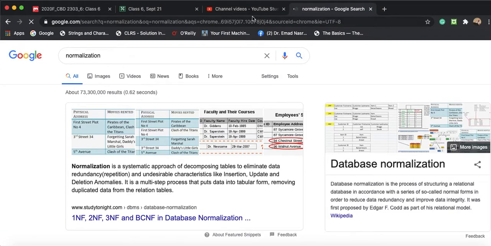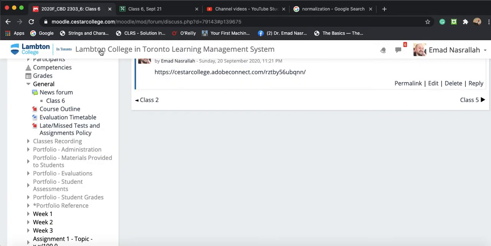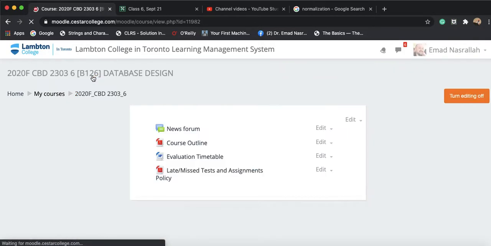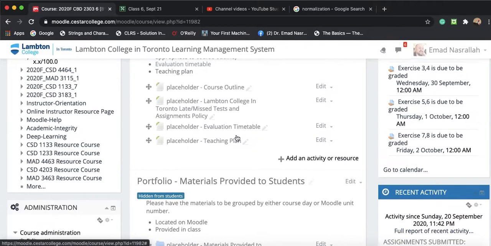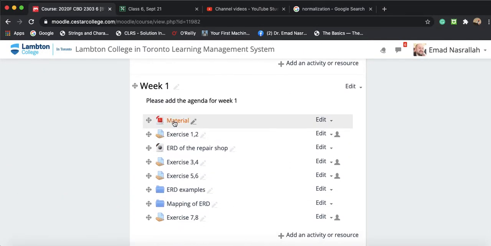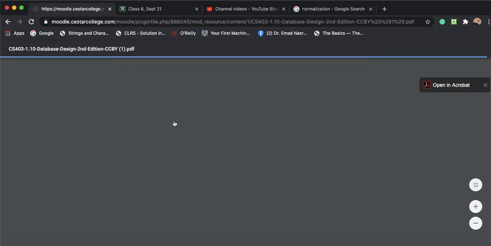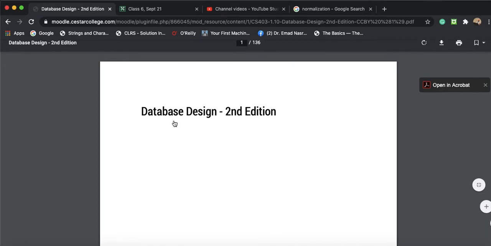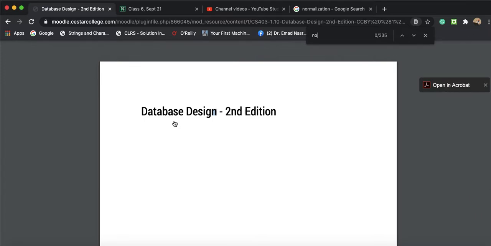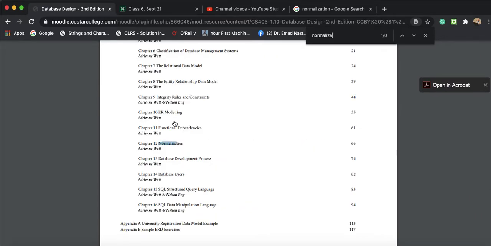You know what? Let me open the book. It's better than searching here. At least you will have an idea where exactly you can find the information in the textbook. So I'm going to open it. Normalization.